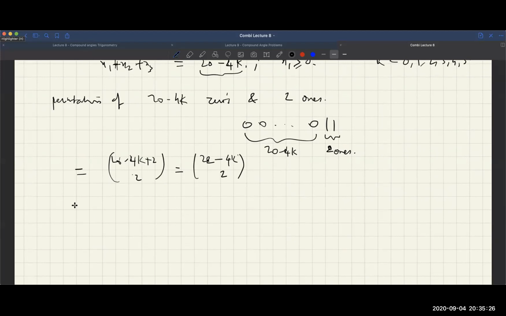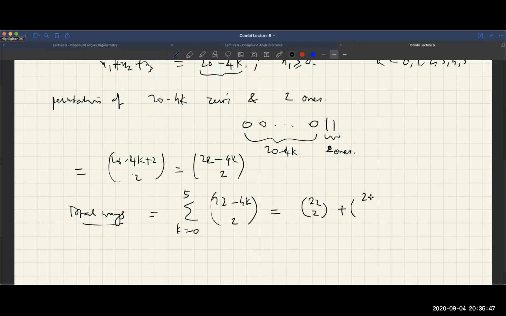Okay, and this will boil down to the total number of ways of this. Therefore the total ways is equal to summation k equal to 0 to 5, 22 minus 4k, choose 2. So if you put k equal to 0, you'll get 22 choose 2, plus, if I put k equal to 1, it will be 18 choose 2, plus next it will be how much? 4 3s are 12, 4 2s are 8, so 14 choose 2.